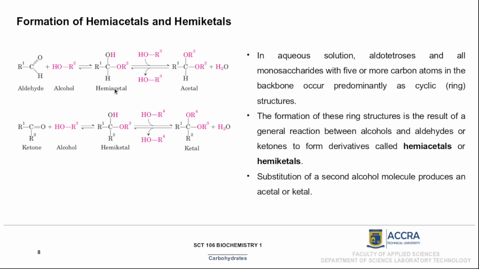And the reaction of the hemiacetal with a second alcohol giving you an acetal, being a condensation reaction releasing water, is similar to the reaction between two monosaccharide units giving you a disaccharide, and thus the formation of glycosidic bonds.